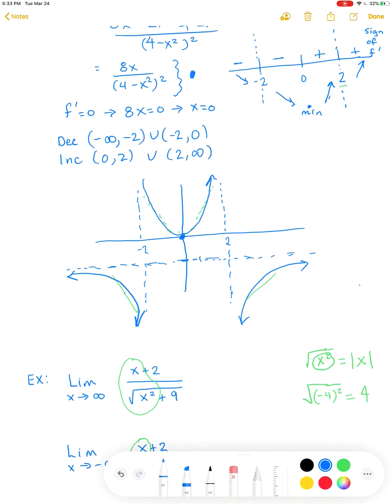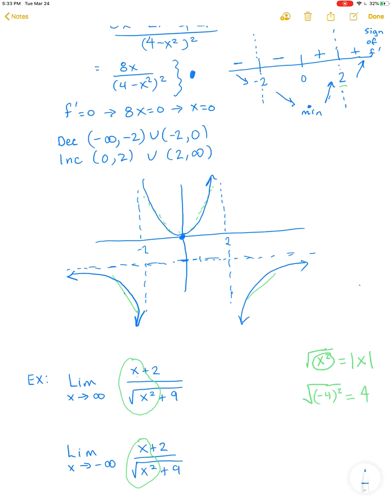So when I do this limit here, I have a positive number acting like another positive number because it's the absolute value of x. And so this limit should give me 1. Let me do the dividing thing. Let's divide the numerator and denominator by the highest power of x, which is x to the first power. But now if I want to divide this by x to the first power and move it inside, I'd have to write that x to the first power as the square root of x squared.